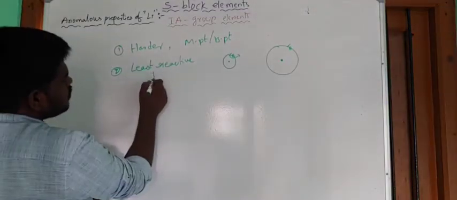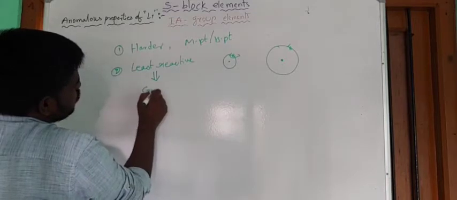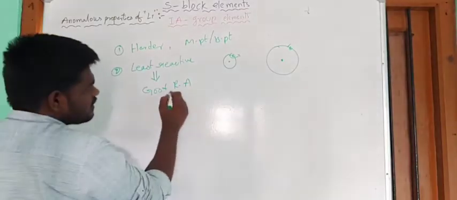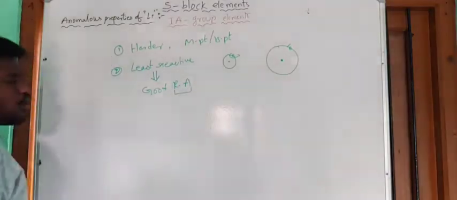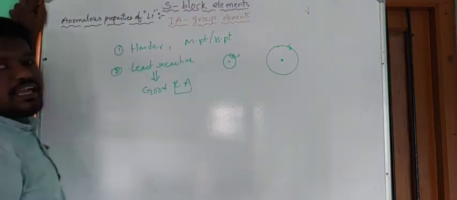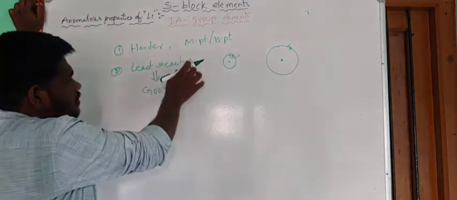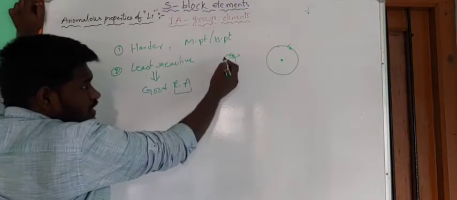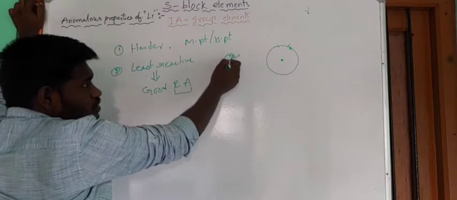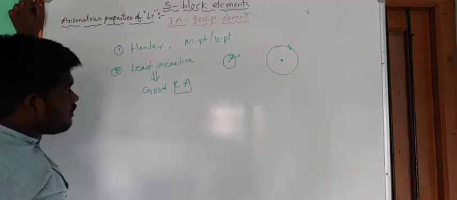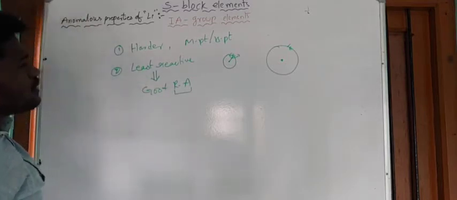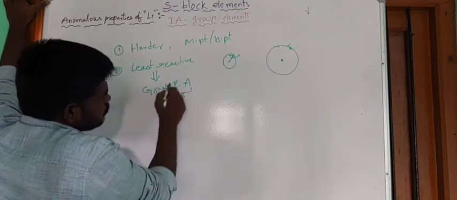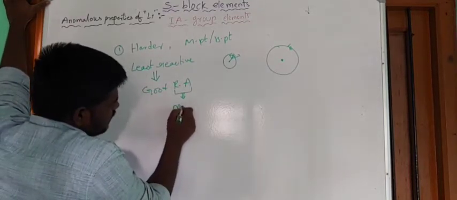But even though it is least reactive, it acts as a very good reducing agent. Actually the reducing nature depends upon the capacity to release the electron. For lithium it is a little difficult to release the electron because the electron is attracted by the nucleus due to the less distance. But even though this acts as a good reducing agent, the reason I told you in previous video classes is that it has more hydration energy.